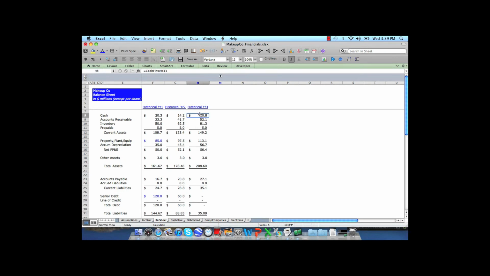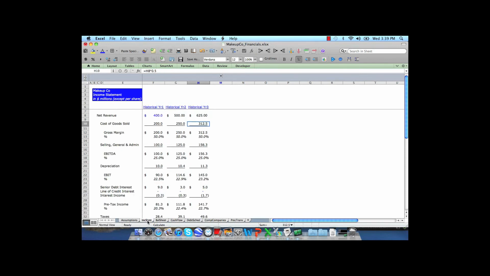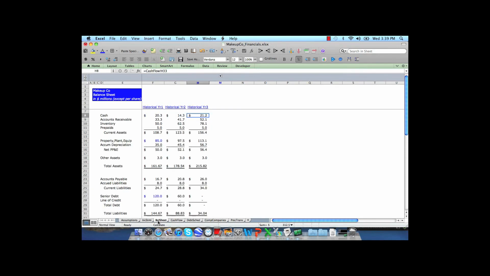But if we look at our balance sheet, we could see our cash is now 10 million for that year. Whereas if we undo that change, cash was 20 million. Basically a 50% change in the cash balance for a 2% change in our margin.